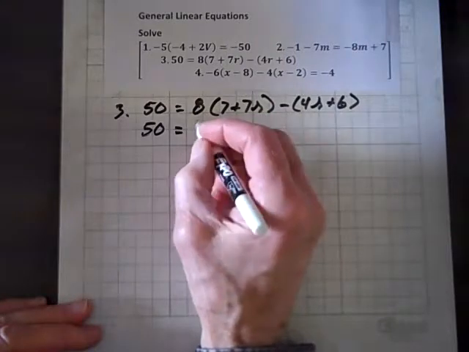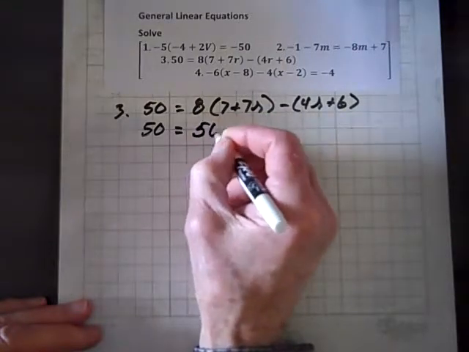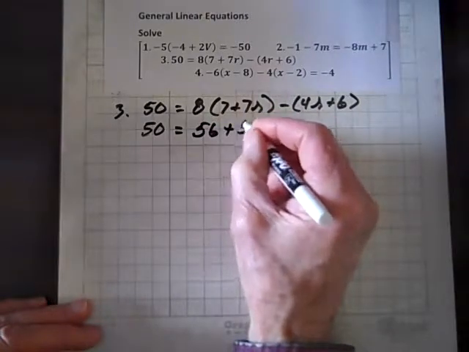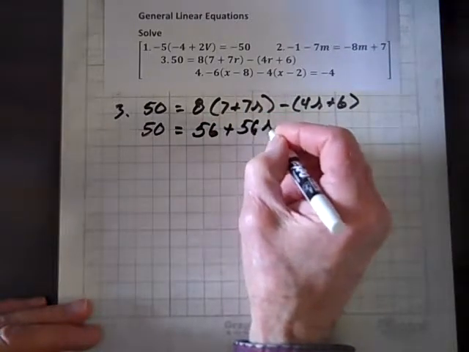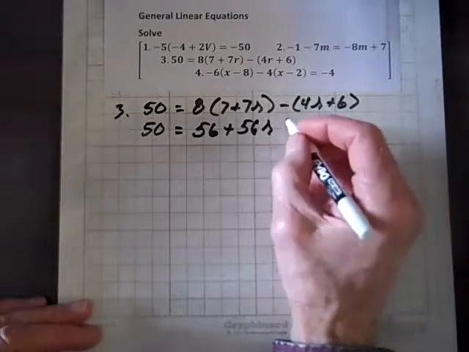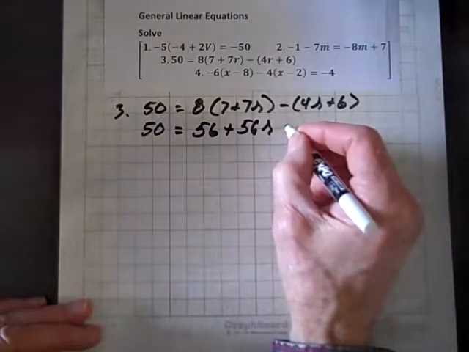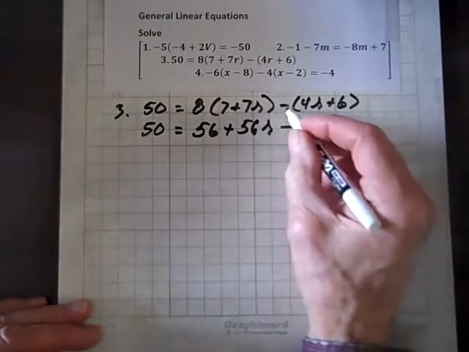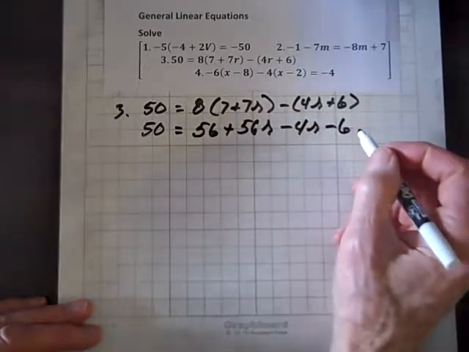So 8 times 7 is 56, plus 8 times 7r is 56r. And distributing the negative sign, we get a -4r minus 6, because a negative times a positive is negative.